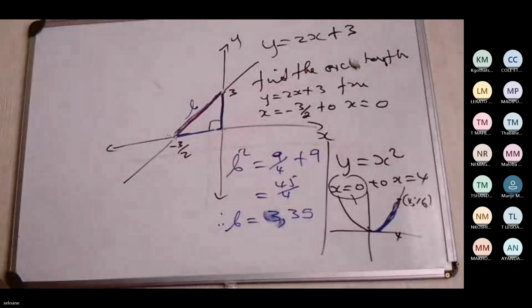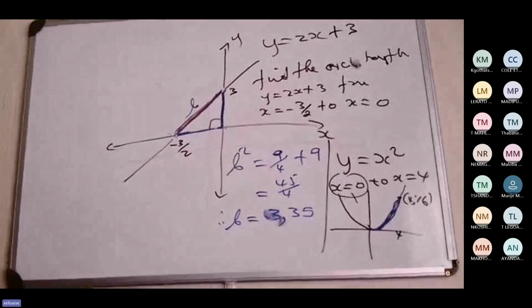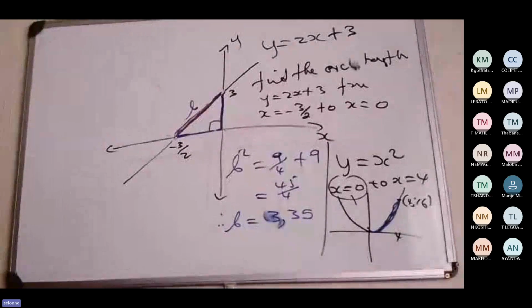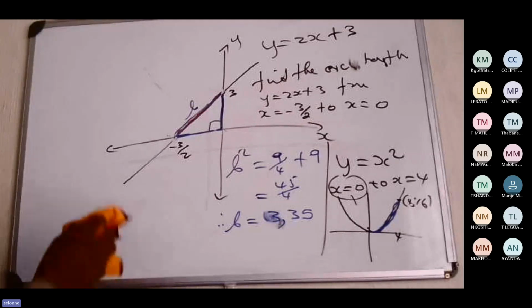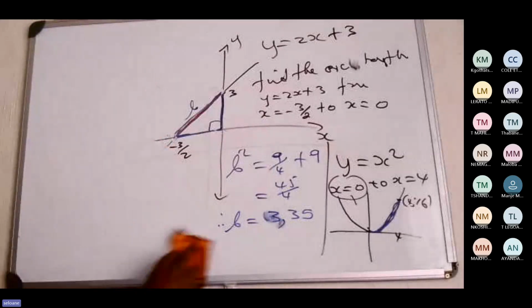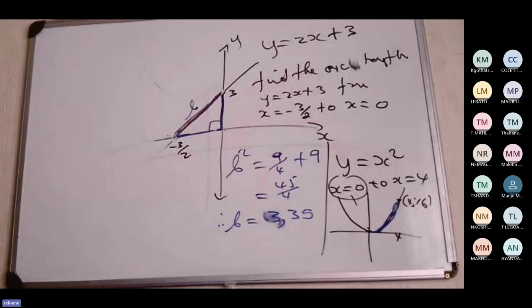The big elephant is your integration knowledge, because at the end, you must integrate something. In that process, it may be by parts. You may be forced to use any other technique of integration. So you must know your integration very well before we can even talk about the applications.